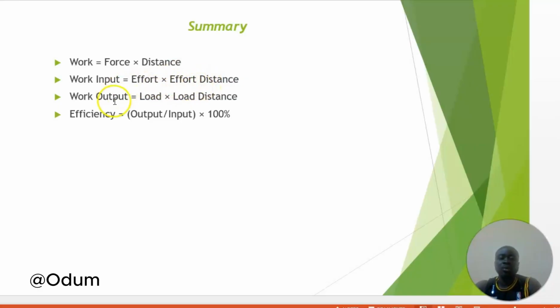Then work output is load times load distance. Then efficiency is the work output divided by the work input multiplied by 100%. If you know this and you know that, you can easily find this. If you know efficiency and work output, you can easily find the work input. It is a matter of doing your change of subject, and if you do it well, you'll be able to get the answer right.